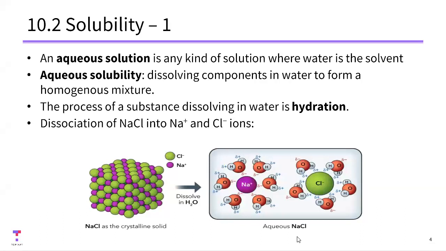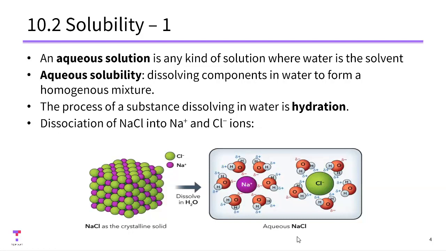When we talk about solubility, which is the primary topic of today, there are a couple of things that we want to think about, a couple of things that we want to consider. First of all, our primary focus is on aqueous solutions. Aqueous solutions are solutions, homogeneous mixtures, where water is the solvent. And when we talk about solubility, we're talking about a couple of things here.